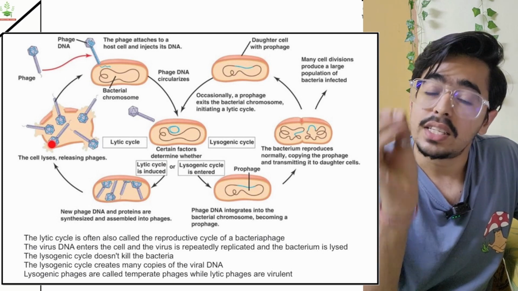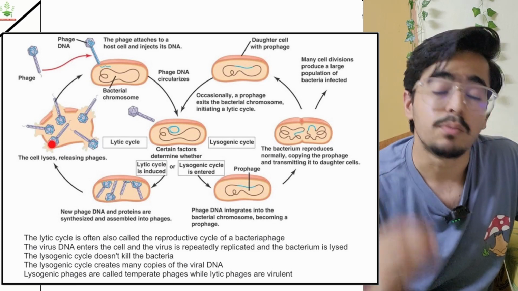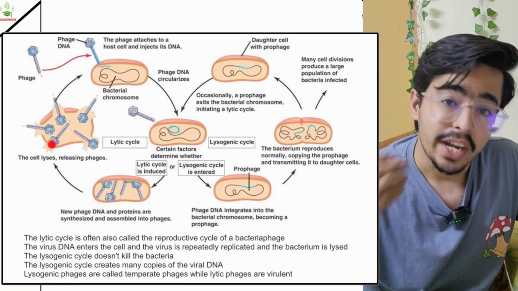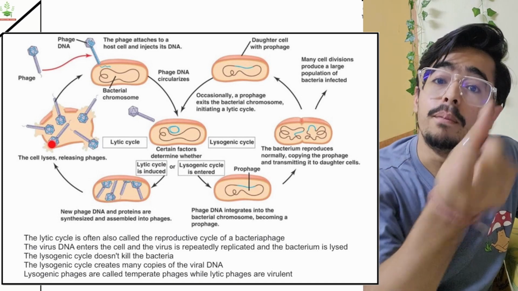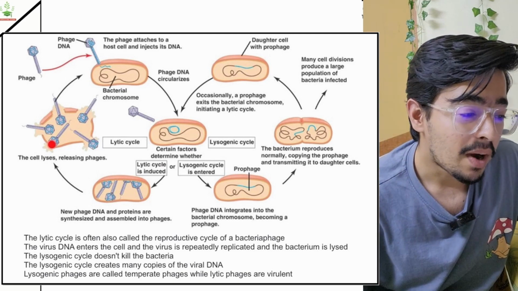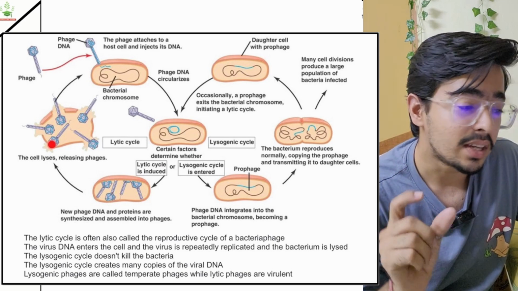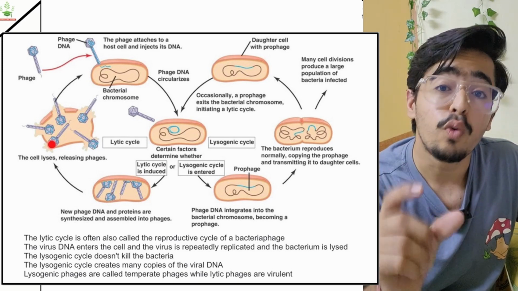But if it is just the lysogenic cycle, then it makes more and more copies of the genetic material in which the part of the bacteriophage is present. If there is a part of bacteriophage DNA in the host genetic material, then these cells are called prophage.